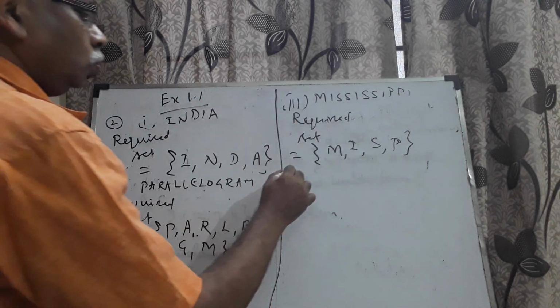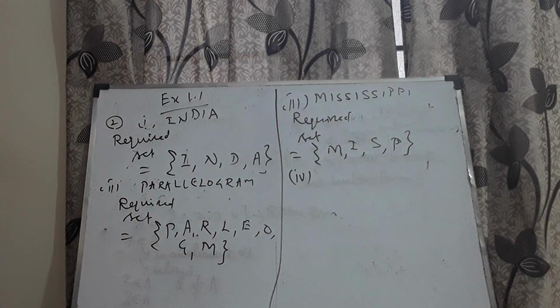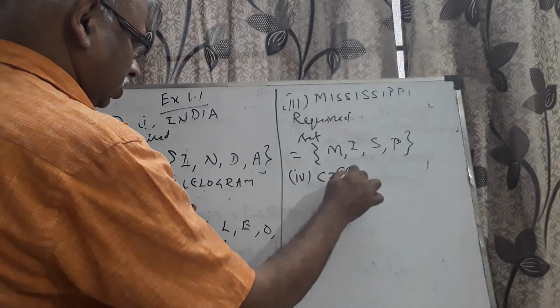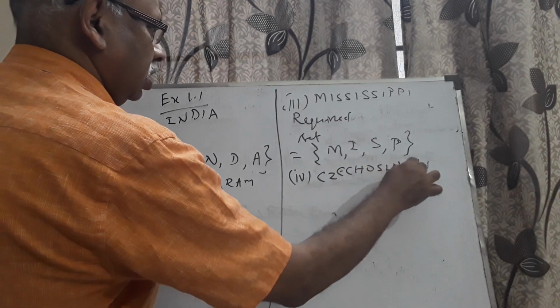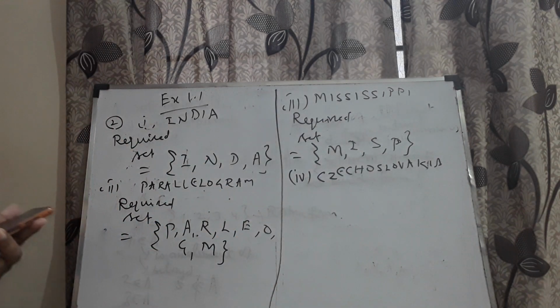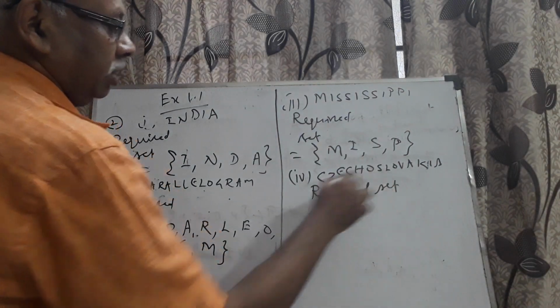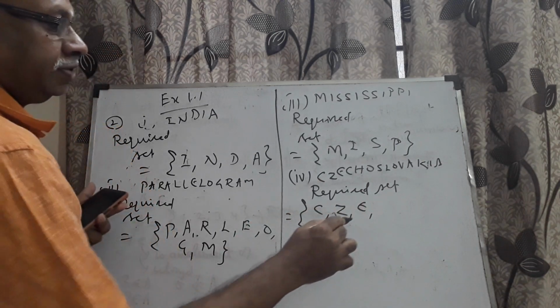Then for the fourth one it is Czechoslovakia. Just see here how to spell it out. Czechoslovakia. The required set here will be, let me start with C. Z, E, don't write C again.